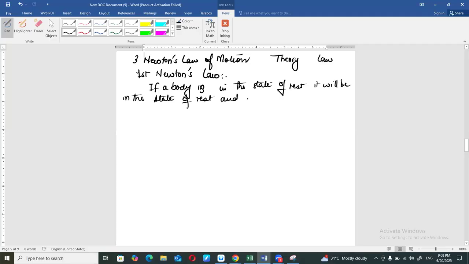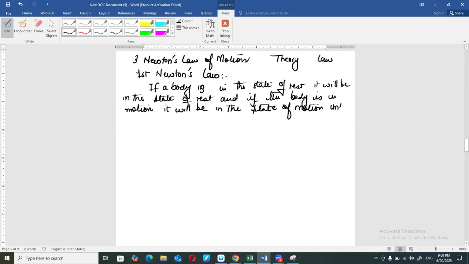And if the body is in motion, it will be in the state of motion until a resultant force is applied on it.